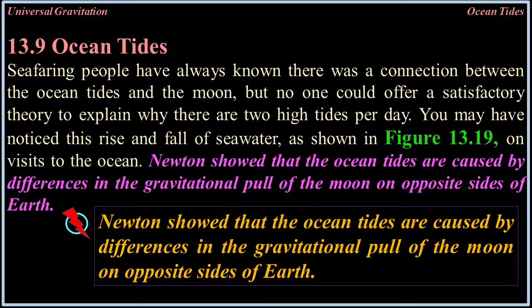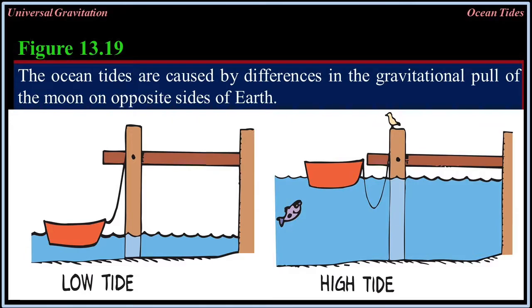13.9 Ocean Tides. Seafaring people have always known there was a connection between the ocean tides and the moon, but no one could offer a satisfactory theory to explain why there are 2 high tides per day. You may have noticed this rise and fall of seawater as shown in figure 13:19 on visits to the ocean.